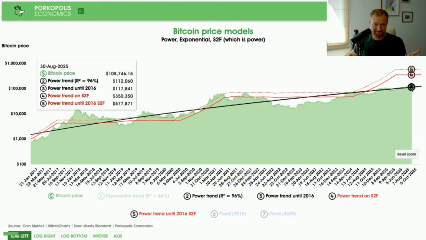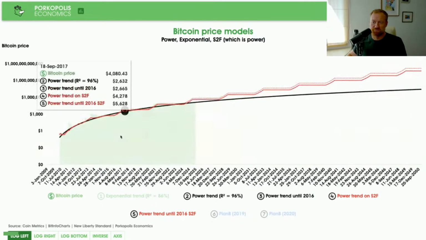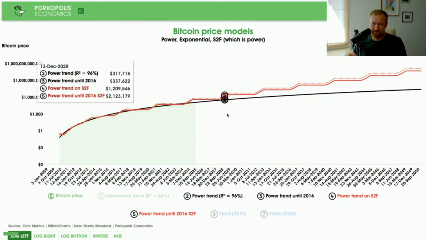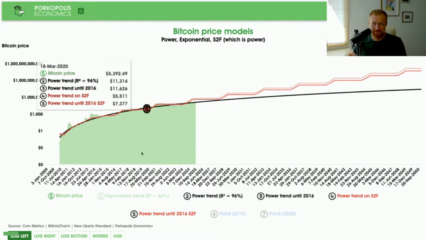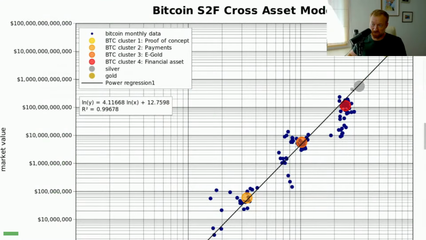So what's the point of this analysis? And this one, I just got to say this again. A model like this has no basis in any classroom. This is so absurd. Silver, gold, they do not move on this line.